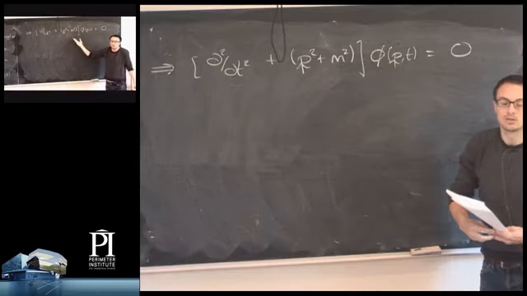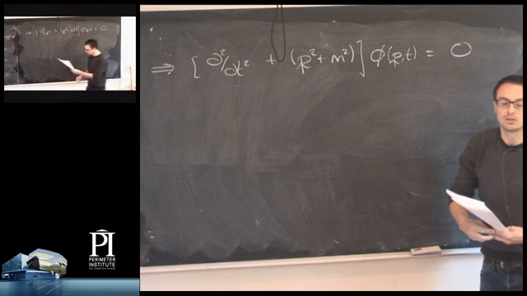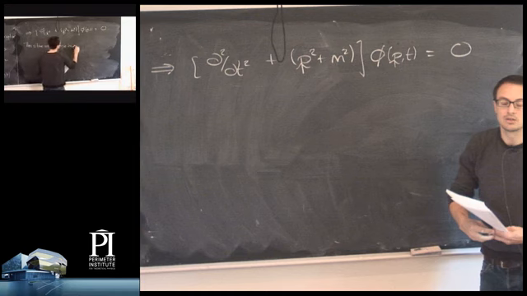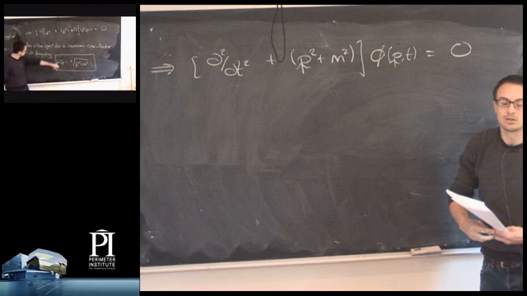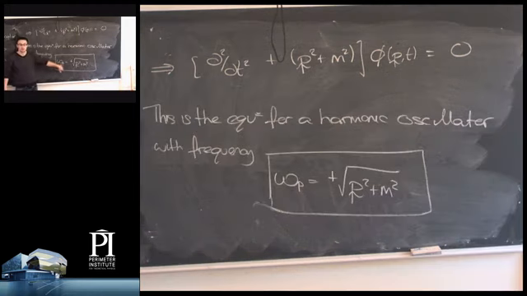But this equation here is just the equation for a harmonic oscillator. The frequency of the harmonic oscillator is this guy here. This is going to be something that arises over and over again in the next couple of lectures. So we're going to give it a name. We're going to call it omega subscript p.